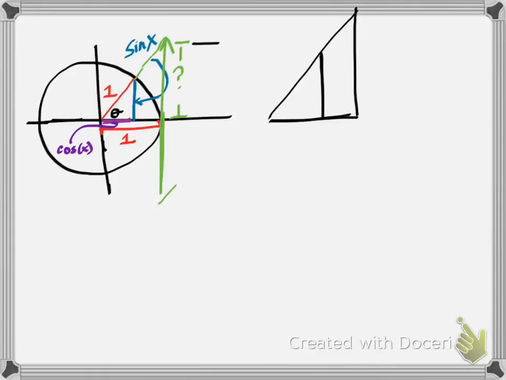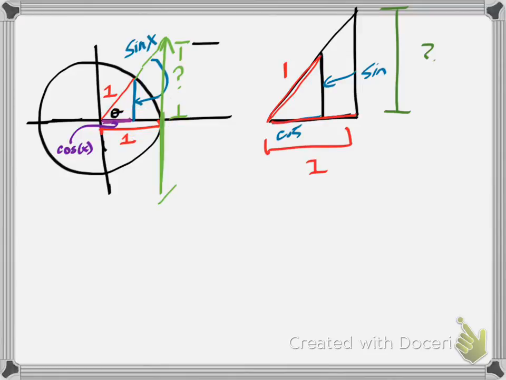Here you have the unit circle radius of 1, and we already have the sine and cosine from before, so that would be sine, and this would be cosine. And the question is, what is the length of this thing right here? Well, the key realization is that because this is a circle, the hypotenuse of the small right triangle is 1, but this is also 1 right here, because it's also a radius. So this length right here is also 1.